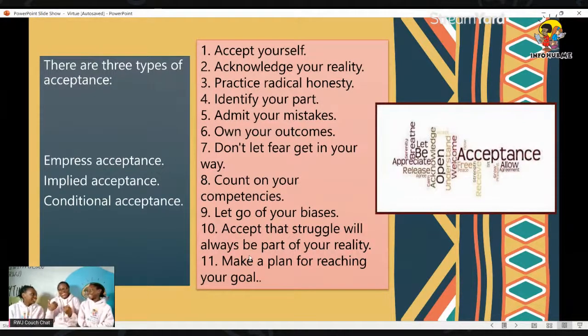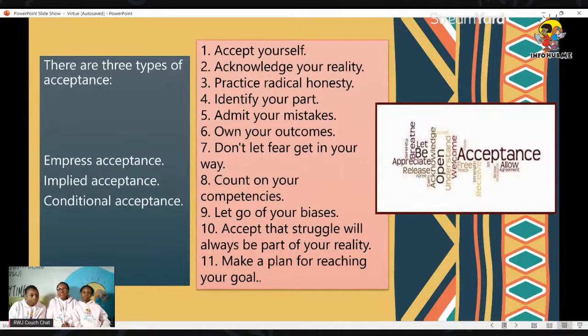The struggle is there. Don't do that! The struggle of your reality will be there. Make a plan to reach your goal. Again, your goal is accepting yourself. Make a plan to reach your goals.